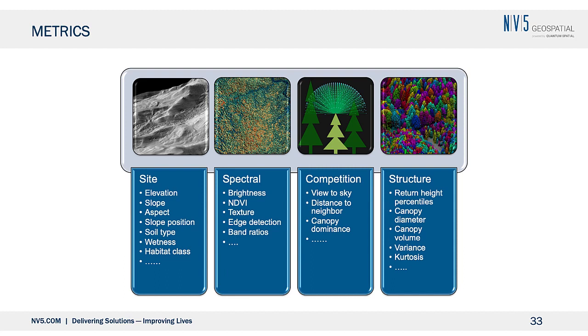And then there are some new ones which are related to competition. So, how does that canopy relate to the adjacent canopies? View to sky, distance to neighbor, where they are in the canopy dominance and stuff like that. And then there are all the LiDAR metrics that we talked about, where often we look at the height percentiles, or the canopy diameter, or the canopy volume, or the variance or kurtosis. And as I said, there are hundreds for each of these that you can put into your analysis.